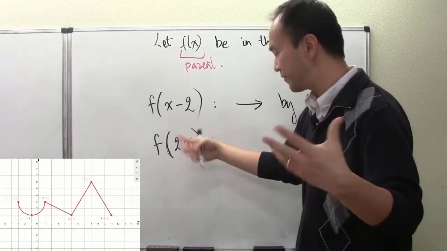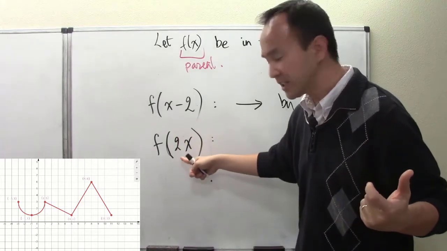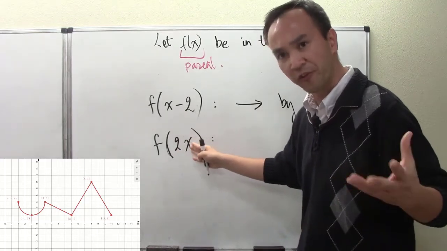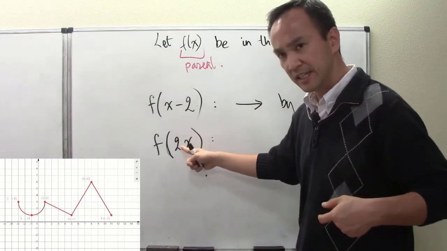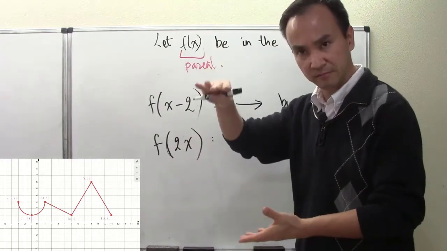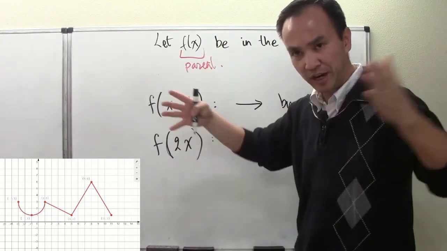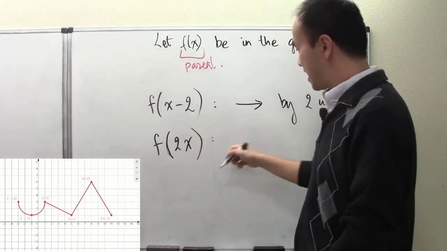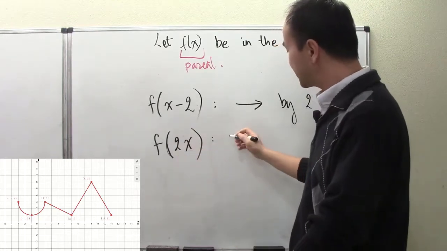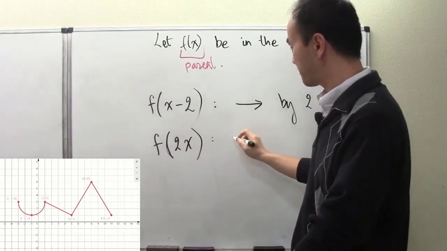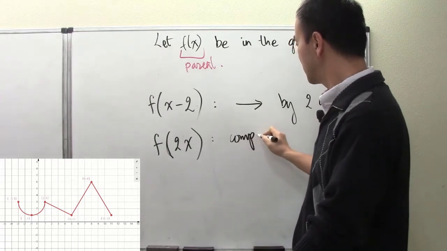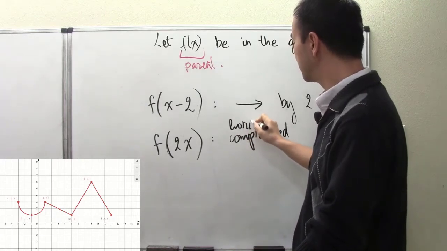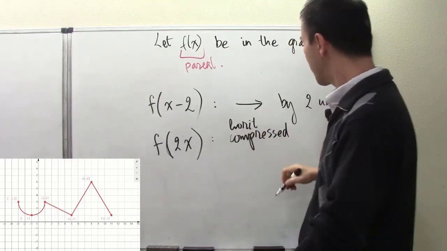We've learned that a coefficient other than 1 multiplied with x gives a horizontal scaling, either a compression or a stretch or even a flip. So for this particular problem, the expectation is that we're going to have a compression. To be precise, it's horizontally compressed.